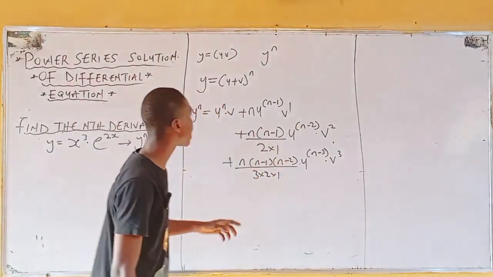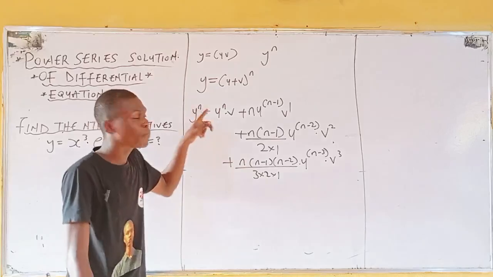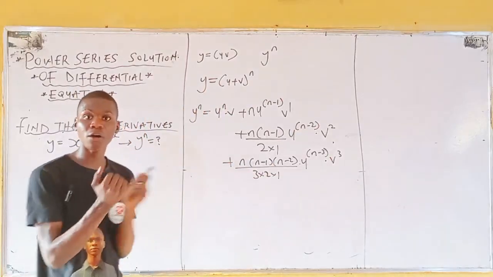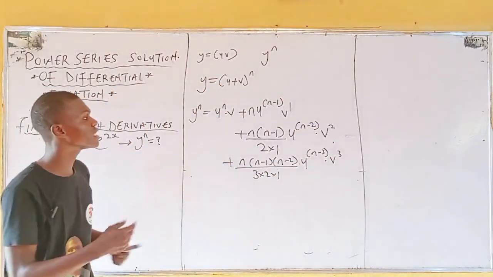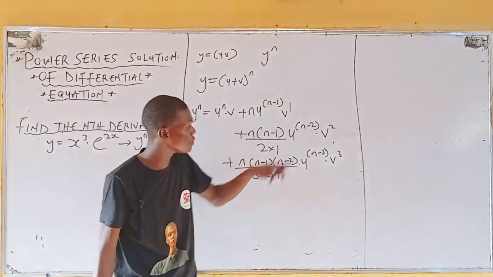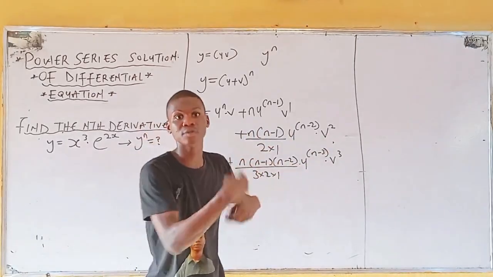But you observe that in this general solution for the nth derivative, the power of u is expressed in terms of n, while the power of v is expressed in terms of real numbers. Meaning this is the v function, this is the first derivative, this is the second derivative, this is the third derivative, continuing to the fourth derivative.